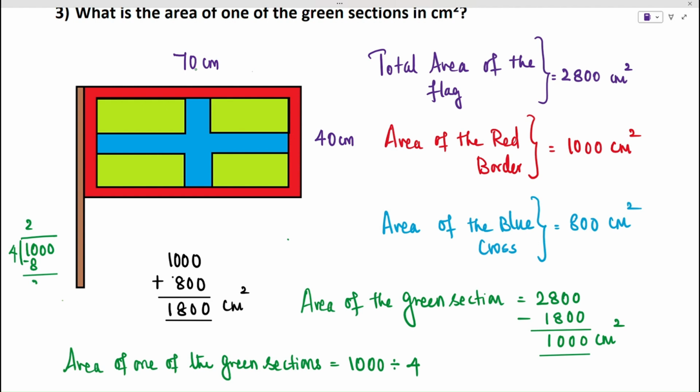When we subtract that from 10, we bring down one of our zeros. 4 times 5 is 20. We have a remainder of 0. So our 0 in our dividend goes up into our quotient. And we get 1000 divided by 4 is equal to 250. And 250 centimeters squared is the area of one of the green sections.